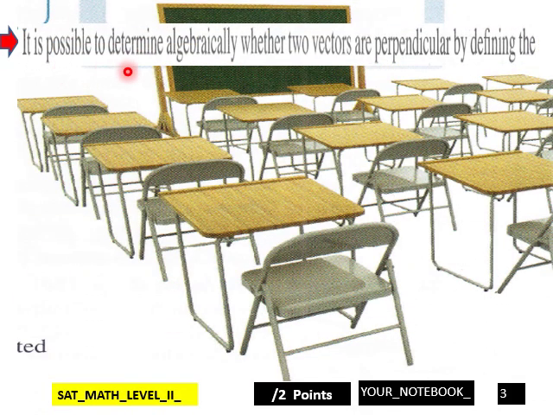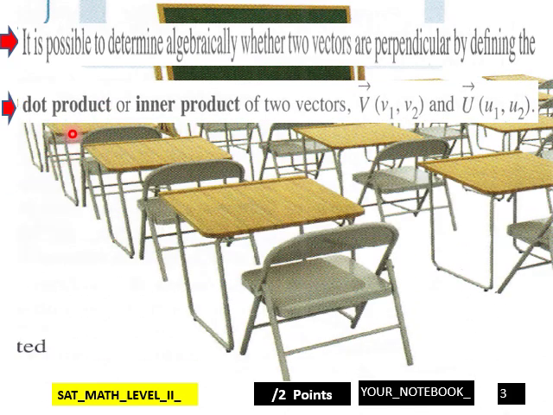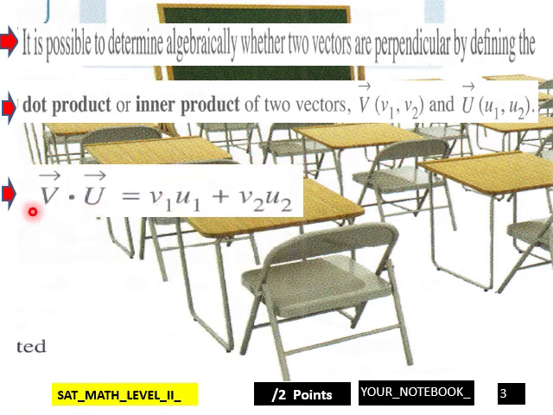It is possible to determine algebraically whether two vectors are perpendicular by defining the dot product, or the inner product, of two vectors. So vector v is v1, v2, and vector u is u1, u2. So vector v times vector u would be equal to v1 u1 plus v2 u2.